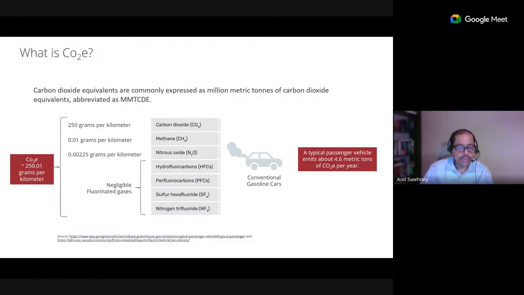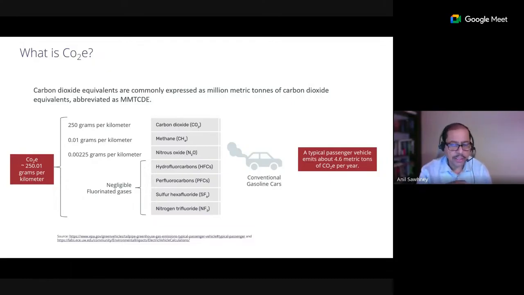Okay, so this will give you a typical passenger vehicle emits 4.6 metric tons of carbon dioxide equivalent per year. All these calculations are shown on the US Environmental Protection Agency, EPA, website at this link.